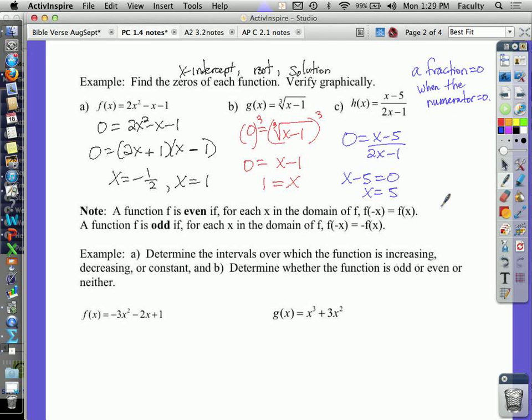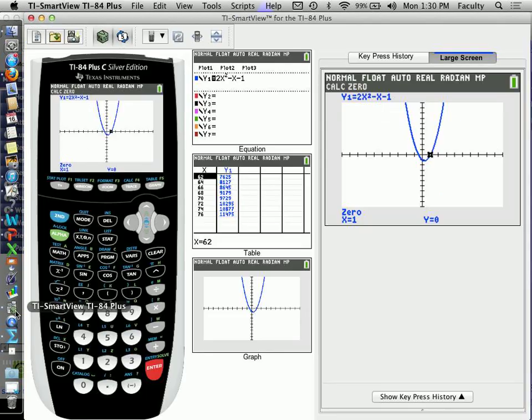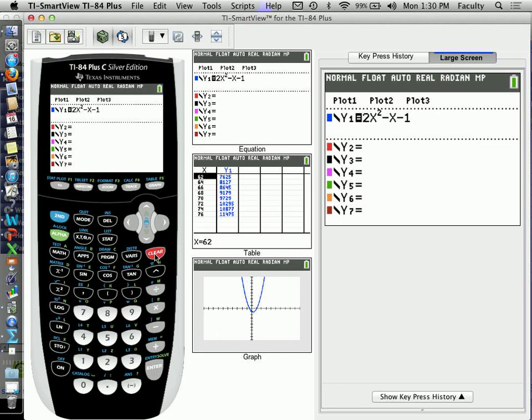Let's think about this graphically. We'll pop this one in the calculator and look at it. What is actually happening on this graph when the denominator is 0? That's x equals 1/2. What's happening graphically? Tyler? Is it an asymptote? Yeah, it's actually a vertical asymptote. So let's go back to the calculator. Let's go to our Y screen. Clear it out.